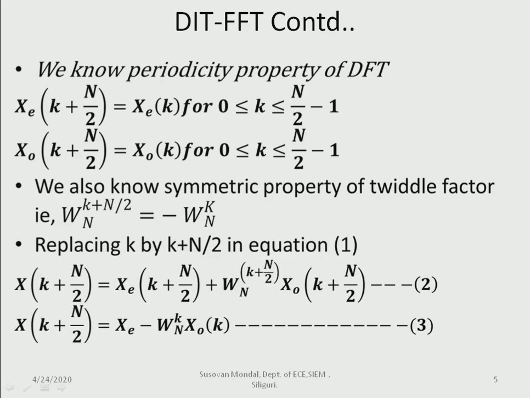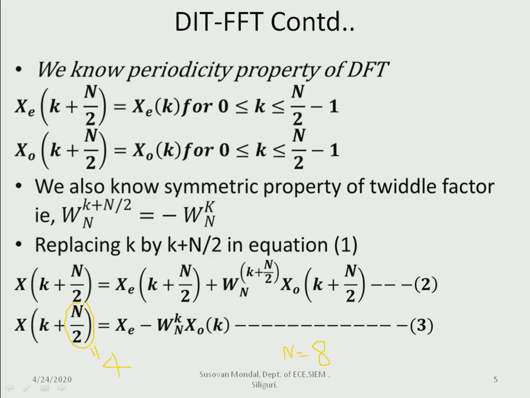Now suppose capital N is equal to 8. What is the value of N by 2? This is 4. Now if I put k equal to 0 here, what will be the result? This is X of 4.